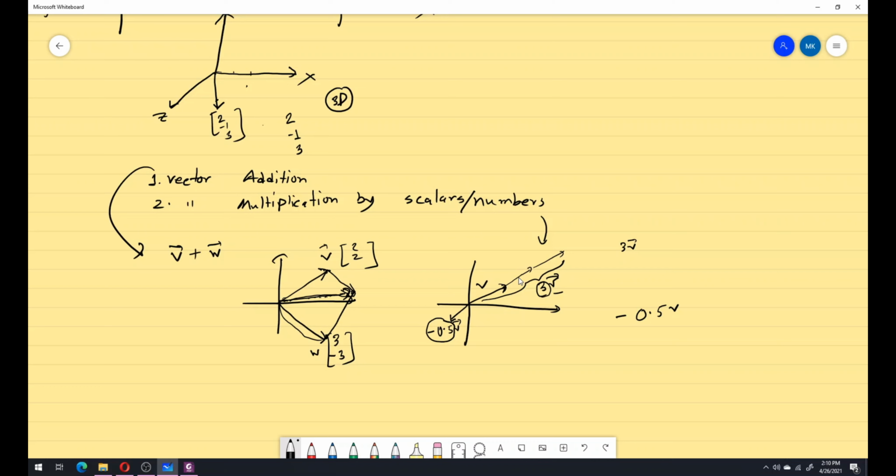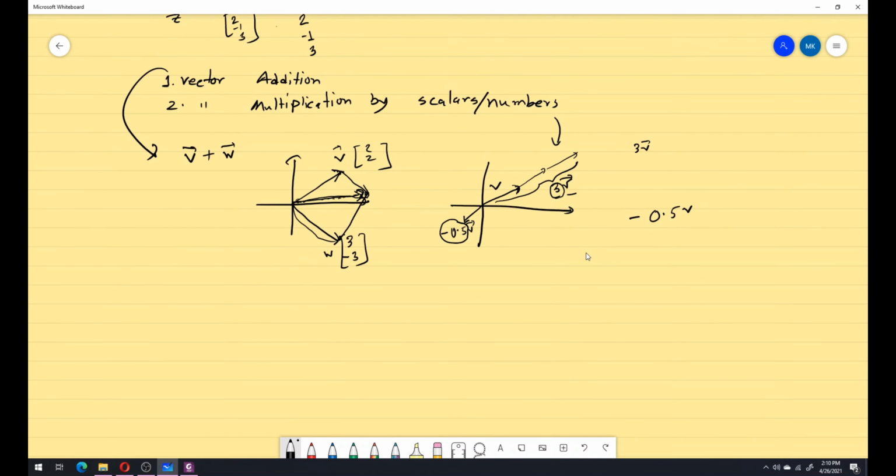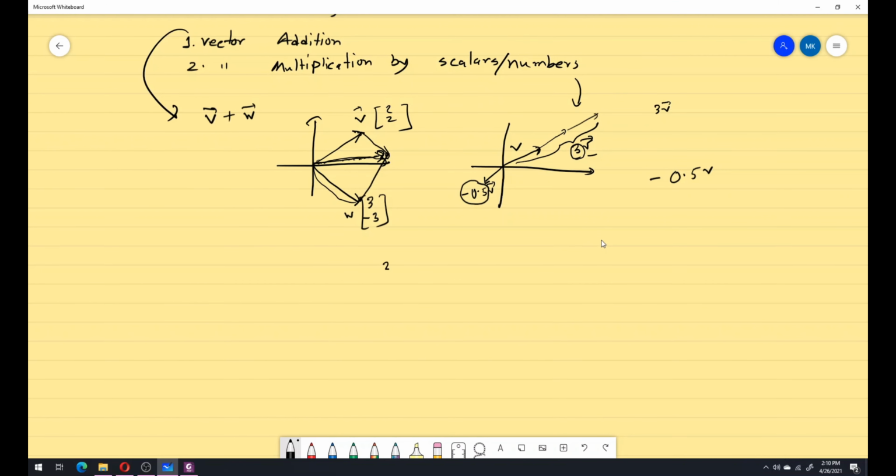Okay, so in fact every vector that you work with in real life, let's say 3i cap plus 2j cap or any other vector, these parts are vectors and these are basically scalars. Okay, these are called basis vectors, as you might know.